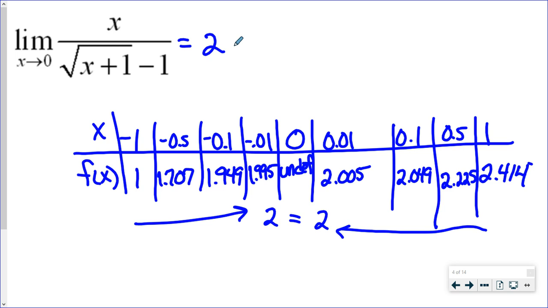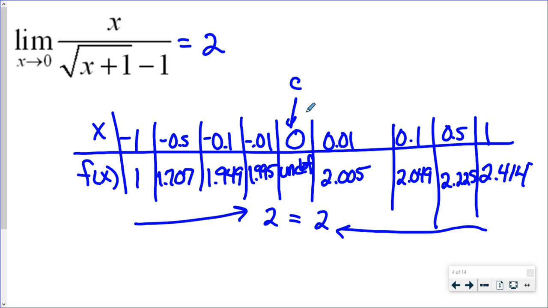So how is the right side approaching? Well, we started out here at 2.414, 2.225, 2.049, 2.005. See how it keeps getting closer and closer to 2? As we approach my c, this is my c. That's why we put that in the middle, because we have to approach it from both sides.